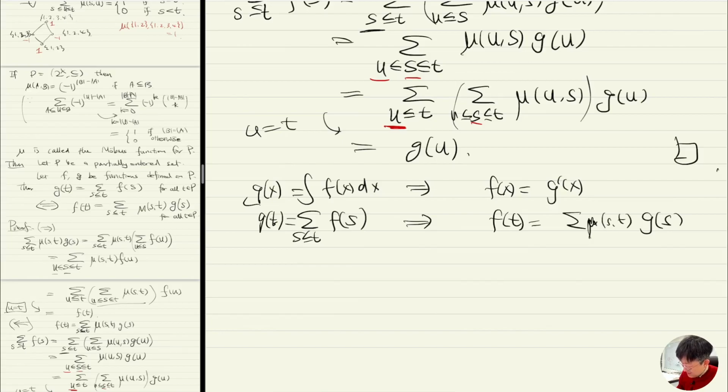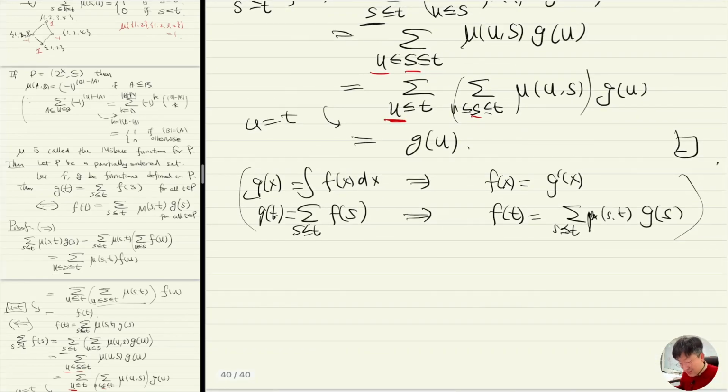So this is the analog. That's the simple proof of the Mobius inversion formula.